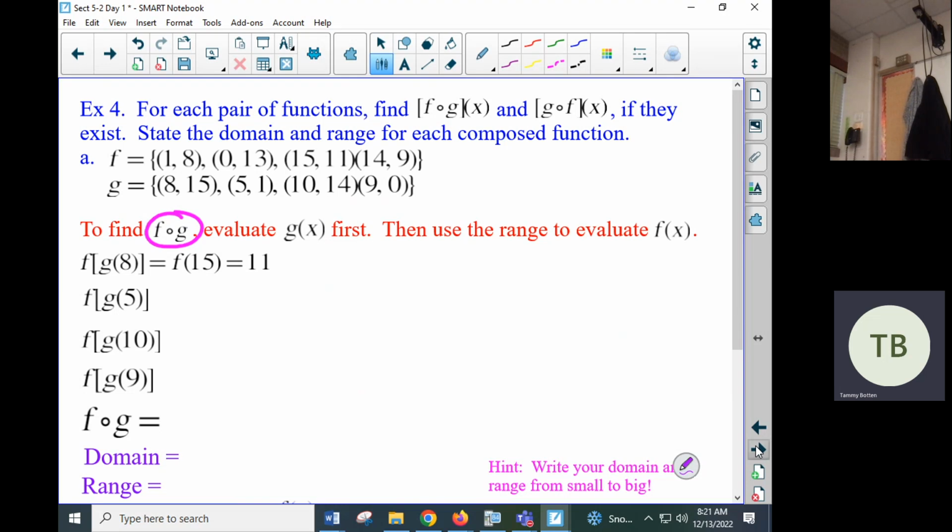If it's F circled G, you start with your G of X first, and you go to that first point. And if it's 8, 15, whatever the last number here is, you go back up to this line and you see if there's a 15 first in these ordered pairs.